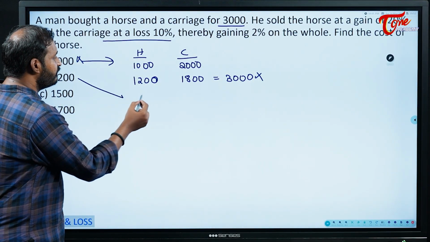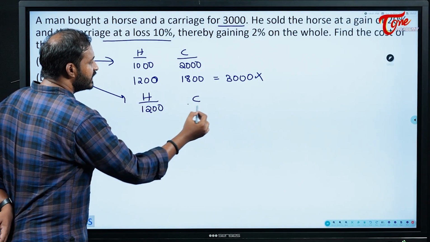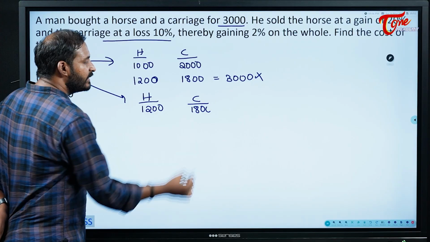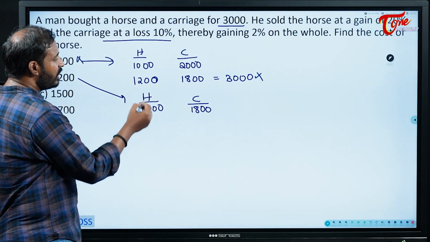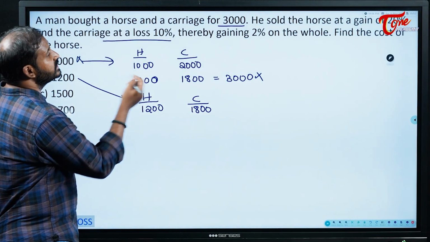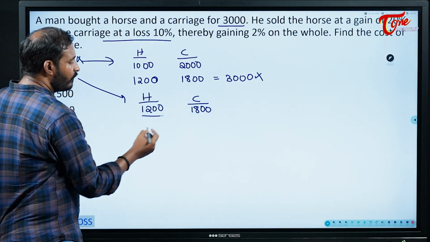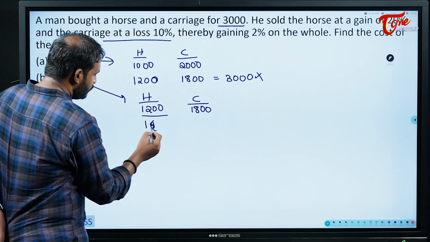If I think that he purchased the horse for 1200, then what happens to the carriage? It will become 1800. Now, what is 20% of the horse cost? On the horse he is getting a gain of 240. This will become 1440.